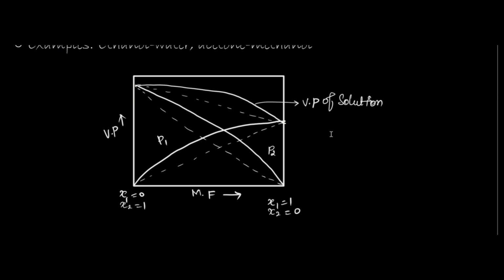By the figure, you can see what positive deviation is. The dotted lines mention the ideal behavior, and the curves on the solid line indicate the vapor pressure of the solution. You can see x1 starts from 0 and ends with x1 equal to 1, and x2 equal to 1 and ends with x2 equal to 0.